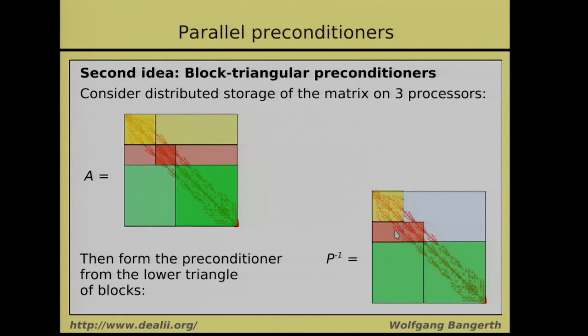Okay, then processor 1 also sends these elements to processor 3, which applies them for this part of this off-diagonal block. Processor 2 sends the elements that it just computed to processor 3, which applies it to this part of its off-diagonal block. They both go to the right-hand side, and then you multiply it with the inverse or an approximation of this block.